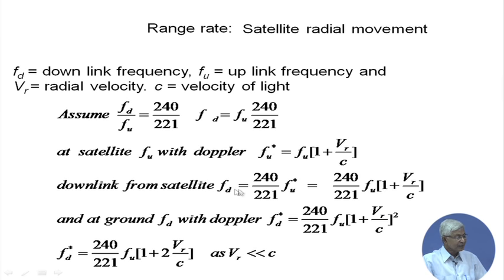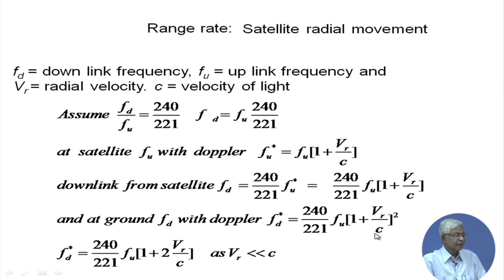Now, when this downlink frequency comes down to earth, the Doppler happens again on it. So, at the earth station the received downlink frequency will have certain Doppler, which is again 1 plus Vr by c. So, the whole thing, downlink frequency star, which is the downlink frequency plus the Doppler, is equal to 240 by 221 Fu into 1 plus Vr by c whole square, because it is happening 2 times. I mean, it is going up and down, so that is why it is multiplied.